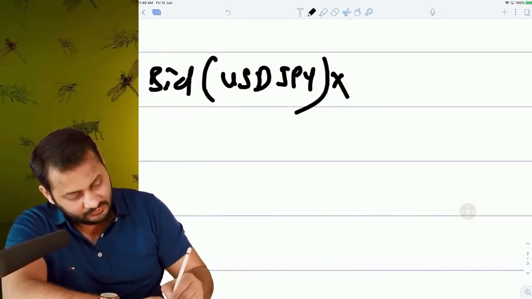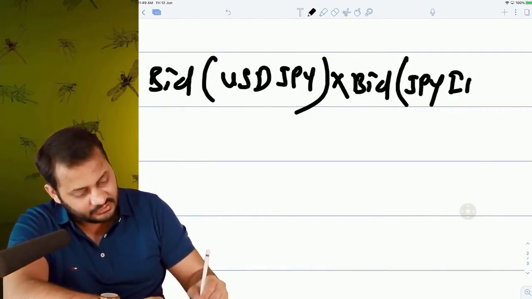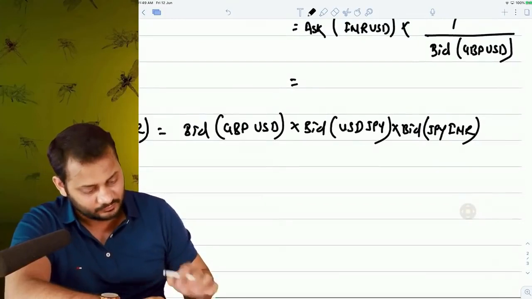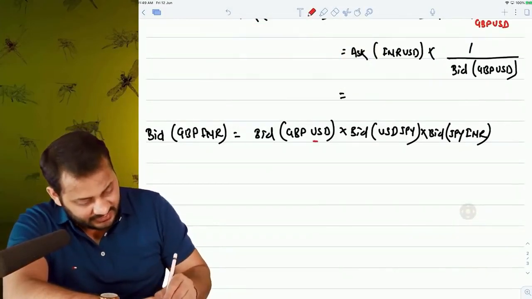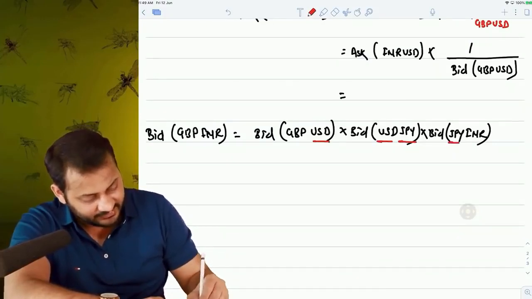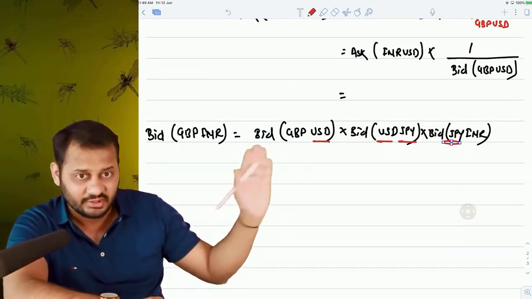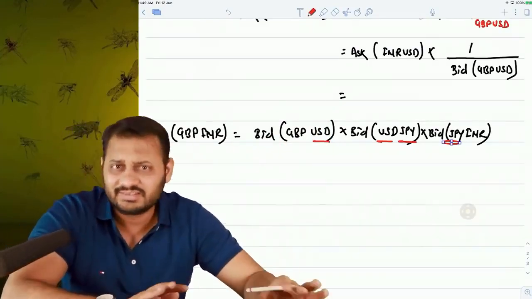And then multiplied by bid of Japanese yen INR. So see, USD is last there, first there will get cancelled. JPY is last there, first there will get cancelled. What is left is GBP and INR. It's easy.